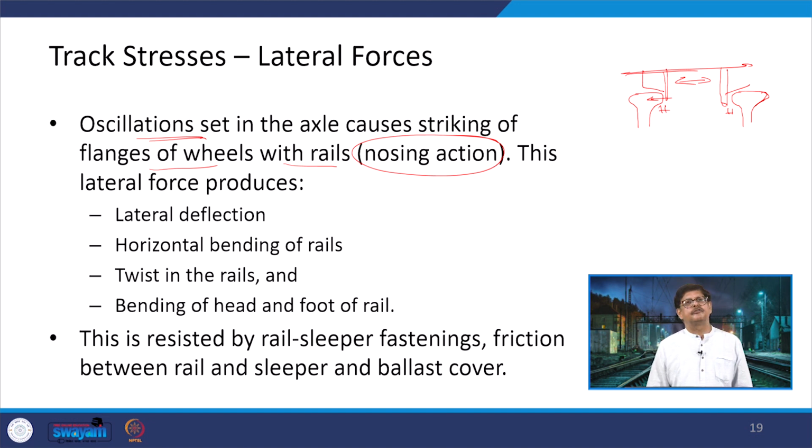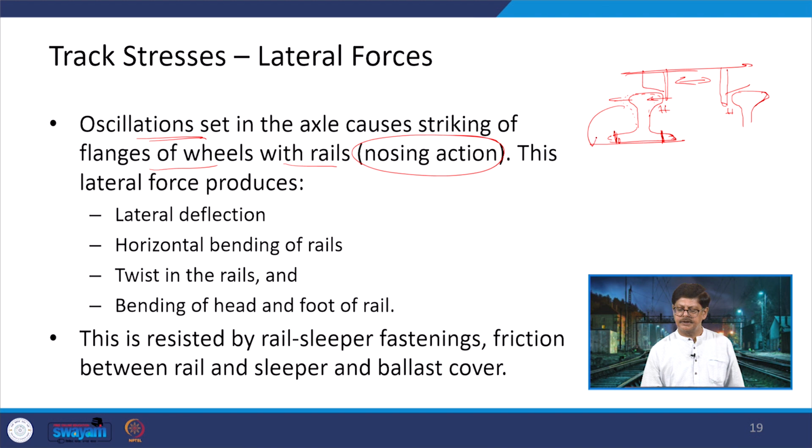Now, this lateral force produces lateral deflection. So, there is a possibility that it gets deflected in this form, or a horizontal bending of the rails. So, the bending of the rails will also be a possibility, because it is in this form being placed at the top of the sleeper.